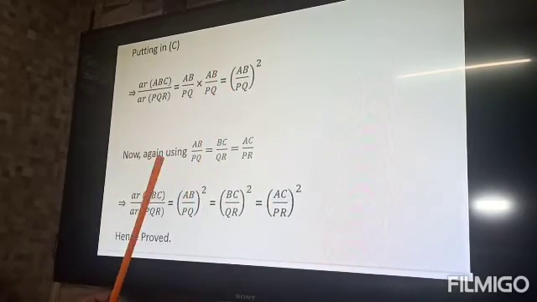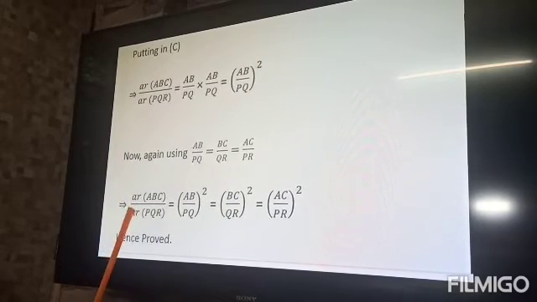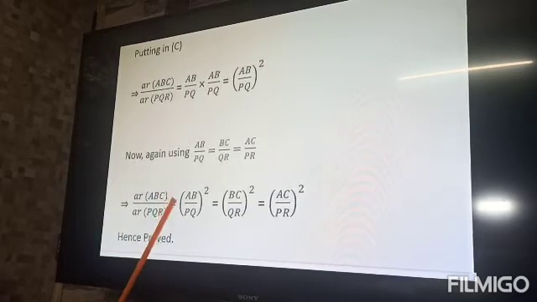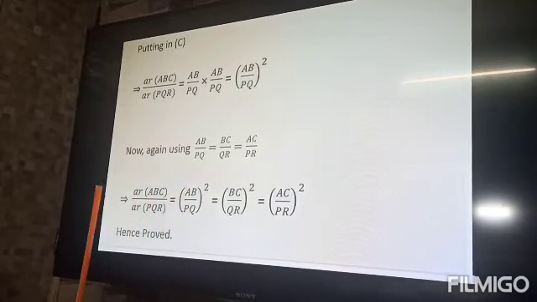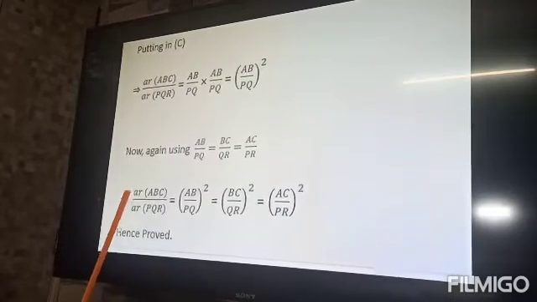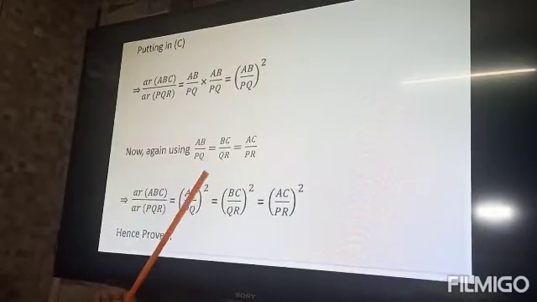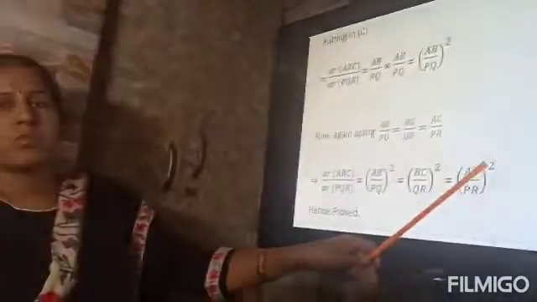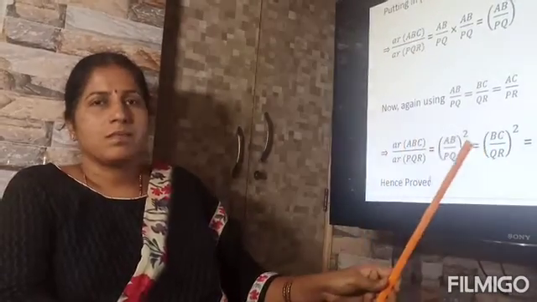Therefore, area of triangle ABC divided by area of triangle PQR is equal to AB by PQ whole square, equal to BC by QR whole square, equal to AC by PR whole square. Any pair of corresponding sides we can take and prove this. Hence proved.